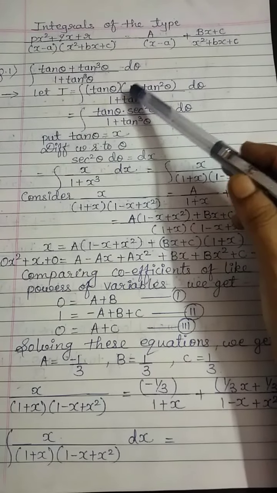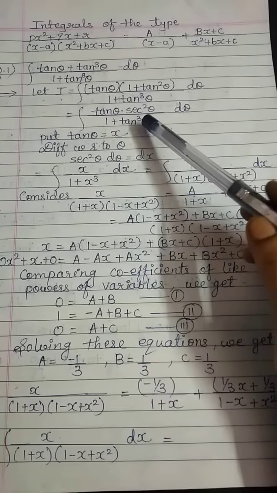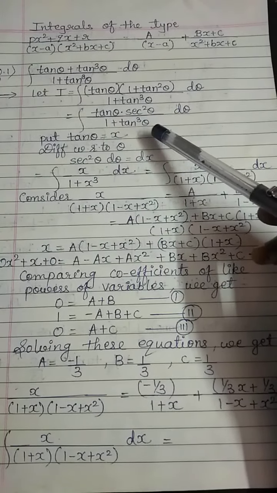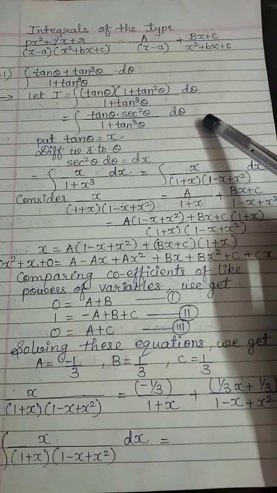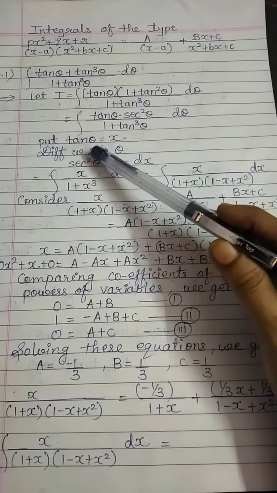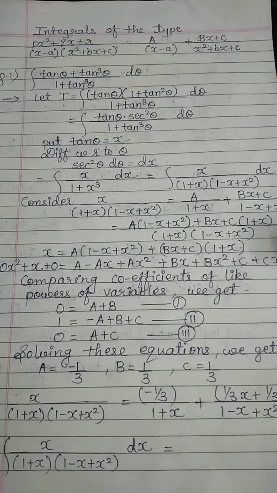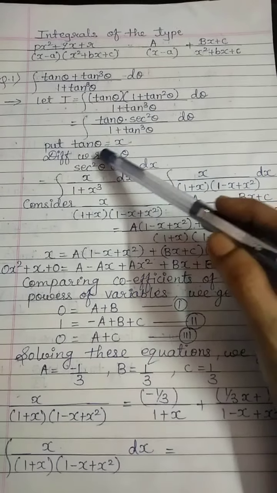Now the formula of 1 plus tan square theta is sec square theta. So here if we want the entire integral in only one function, then we need to put one function as t. So if we put one function, suppose tan theta as x, either we can put t or we can put x, because theta is given in the original question.